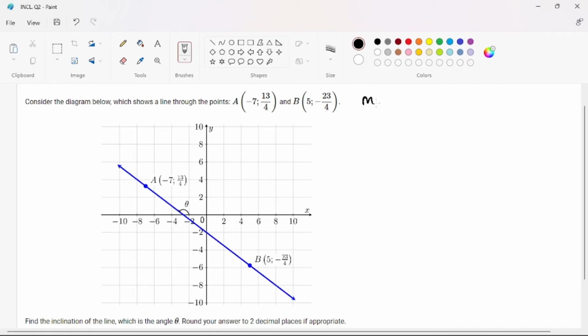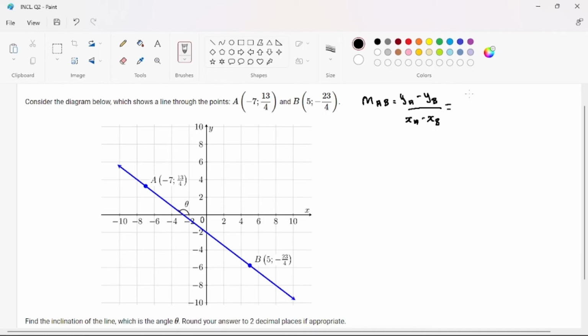We are going to first calculate the gradient, right? So you are going to say our y coordinate A minus our y coordinate B, over our x coordinate A minus our x coordinate B. Then we are simply going to substitute.